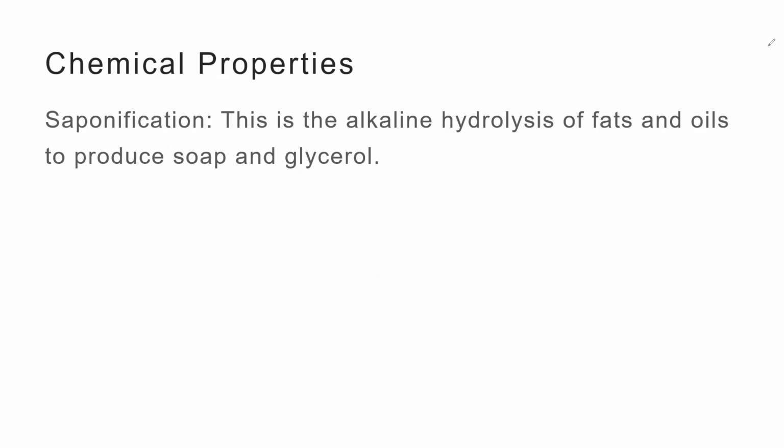So chemical properties, the first one is saponification. Ugoma, can you read what saponification is? Saponification is the alkaline hydrolysis of fats and oils to produce soap and glycerol. Very good.